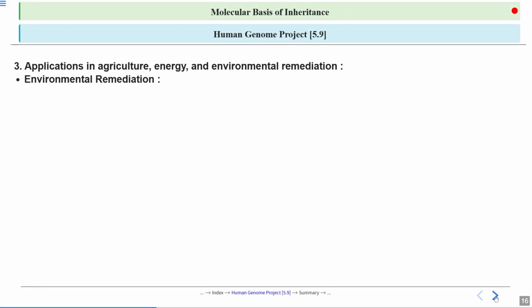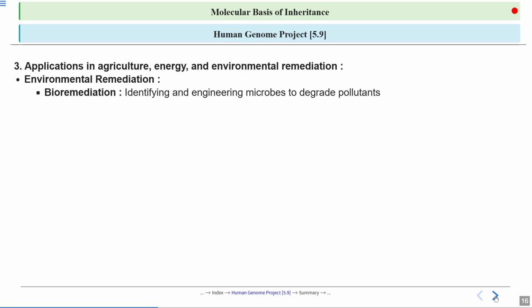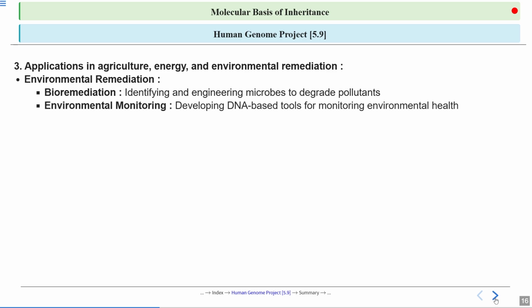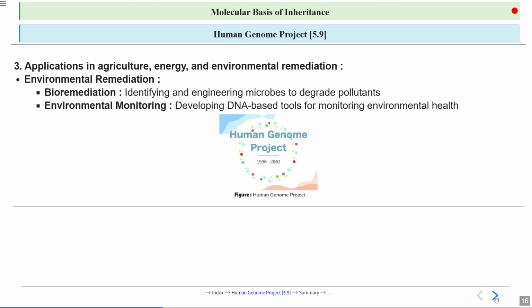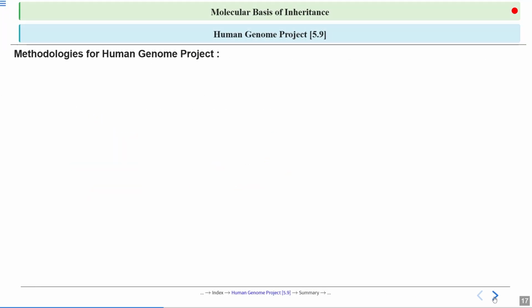Then if we talk about environmental remediation, it can help in bioremediation, meaning identifying and engineering microbes to degrade pollutants. Then environmental monitoring: we can develop DNA-based tools for monitoring environmental health. So these are some applications in agriculture, energy, and environmental remediation.